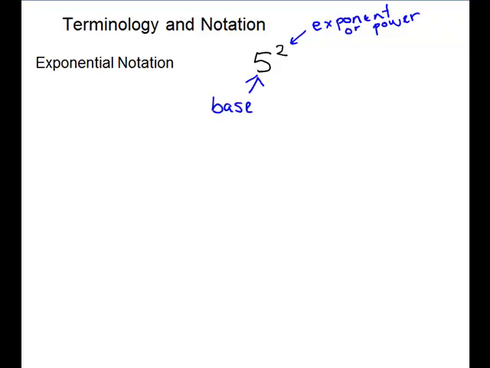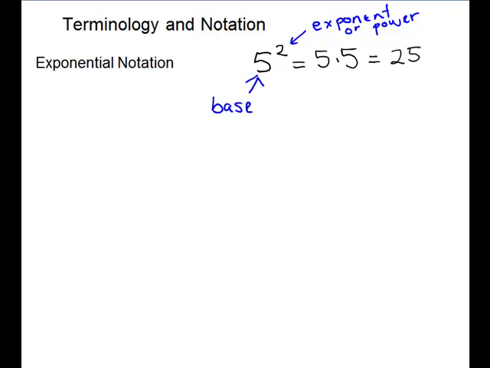It means for you to take the base times itself the exponent number of times. So this says take 2 copies of the 5. And then you could multiply them out. So this is factored form or expanded form. And to work them out, we evaluate it. So we multiply them together.